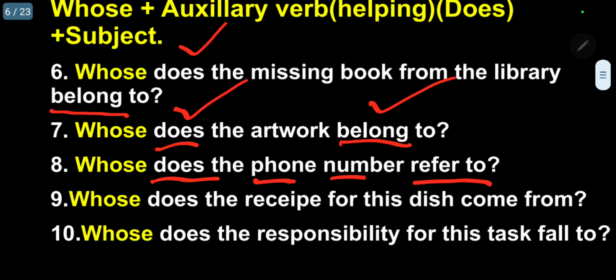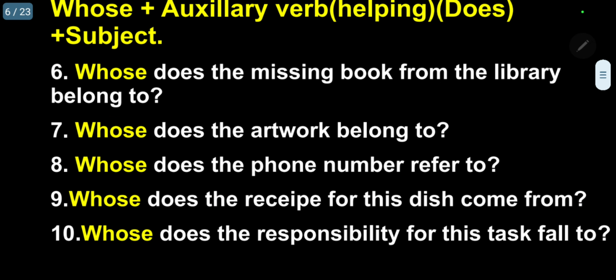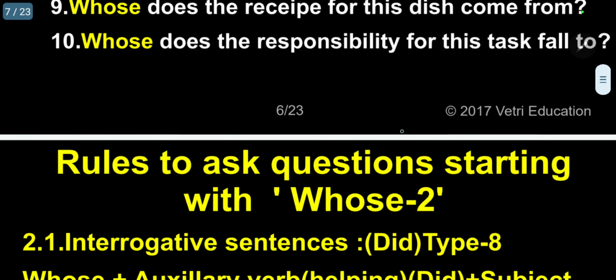Refer to: main verb refer, does auxiliary. Who does the recipe for the dish come from? Come is the main verb, does is the auxiliary. Whose does the responsibility for the task fall to? Fall is the main verb, does is the auxiliary. Please follow, this is the most important use of does.